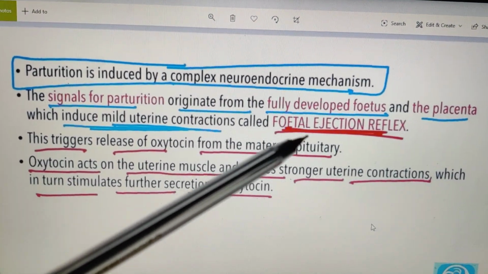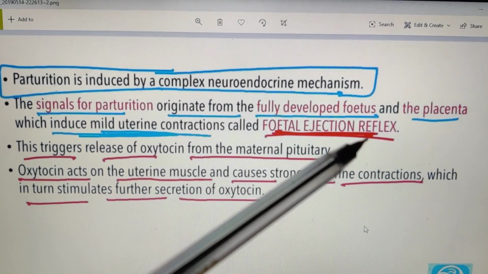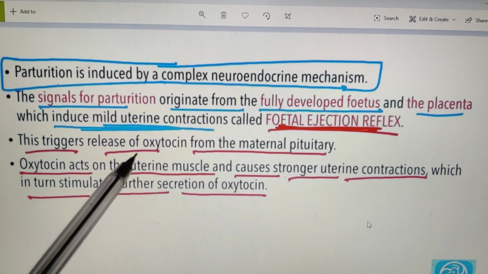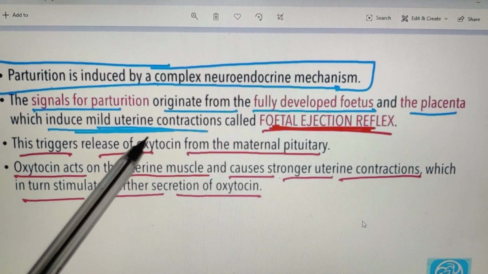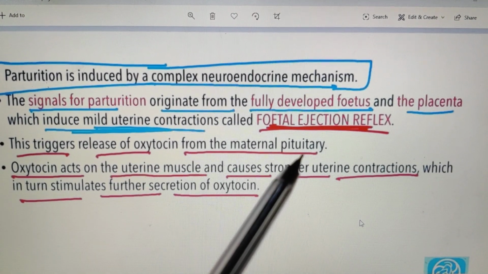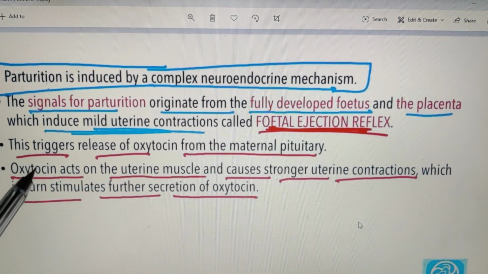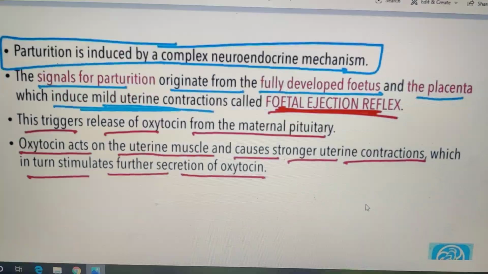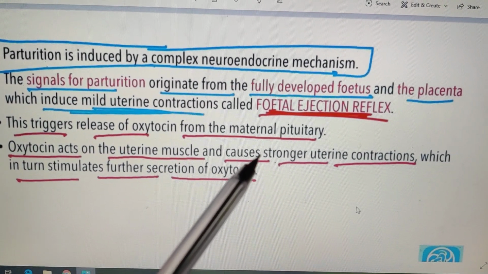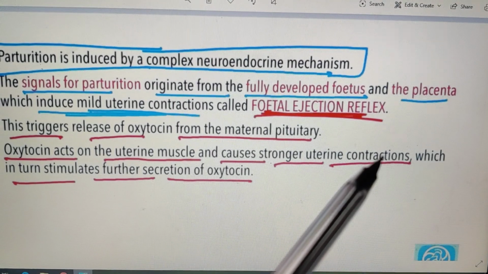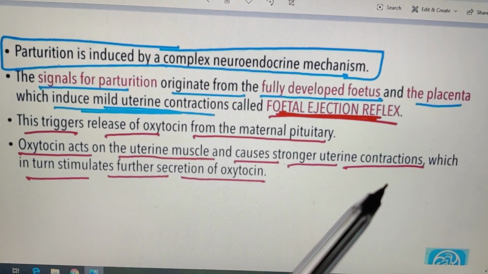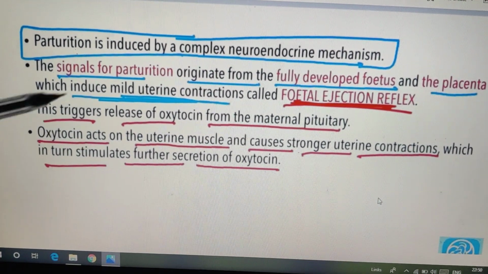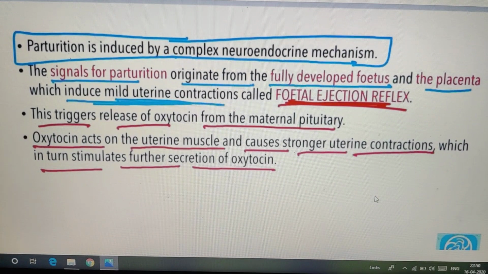Because of this fetal ejection reflex, another hormone is released, that is oxytocin, from the maternal pituitary. This oxytocin plays a very important role, which causes stronger uterine contraction. So oxytocin basically plays an important role during the time of delivery.